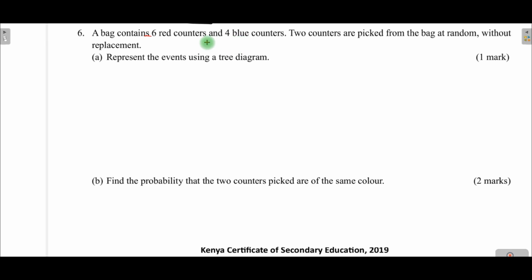So in total the counters are 6 plus 4, so in total we have 10 counters, and each is picked at random. 2 counters are picked from the bag at random, so one at a time, and therefore for the first pick, it is either a red counter or a blue counter.